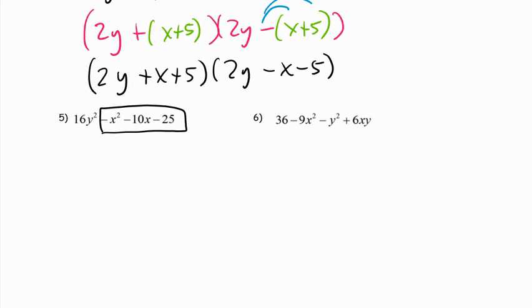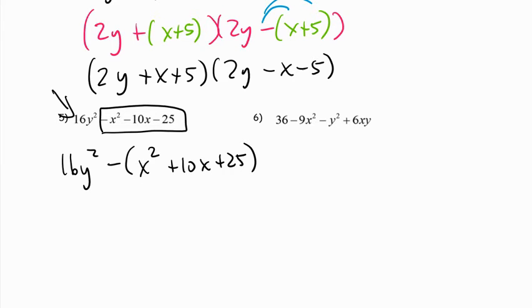Here's my perfect square trinomial. And the one that's not a part of it has to be positive if it's at the front. Otherwise, it doesn't work. So I have 16y squared minus x squared plus 10x plus 25. Now I'm going to have a square minus a square once I factor that.